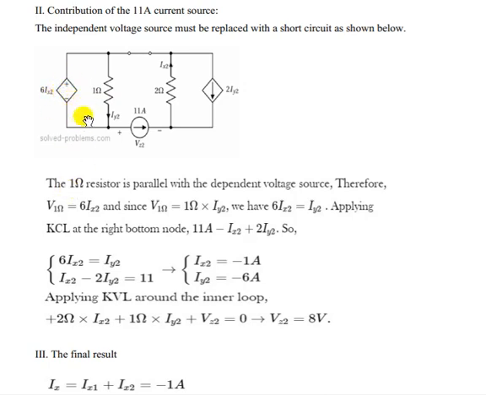So the voltage drop across this 1 ohm resistor is nothing but 6 Ix2, and it is also written as 1 into Iy2 because Iy2 is the current through the resistance. So we can equate that, and we can apply KCL at this node.